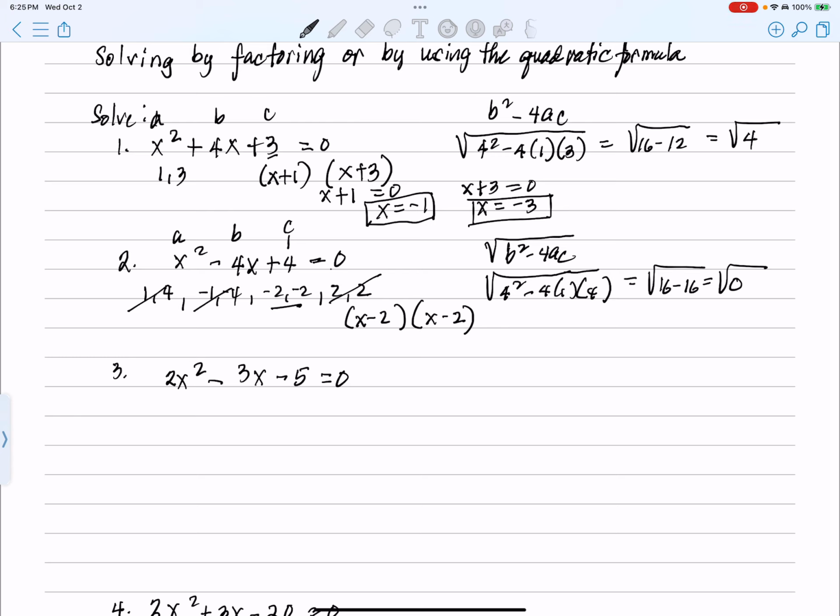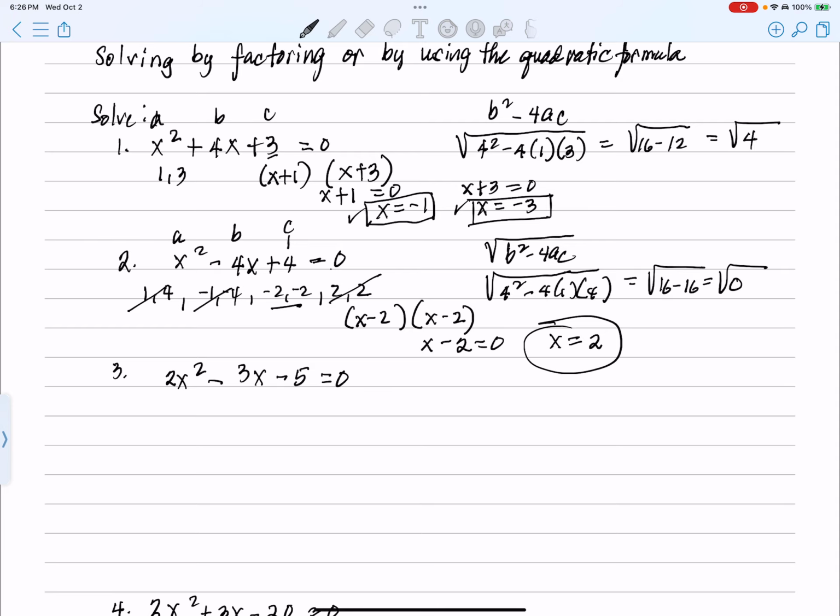So x minus 2 equals 0, and x would be equal to 2. This is the only solution we have, since the other one will also give us 2.